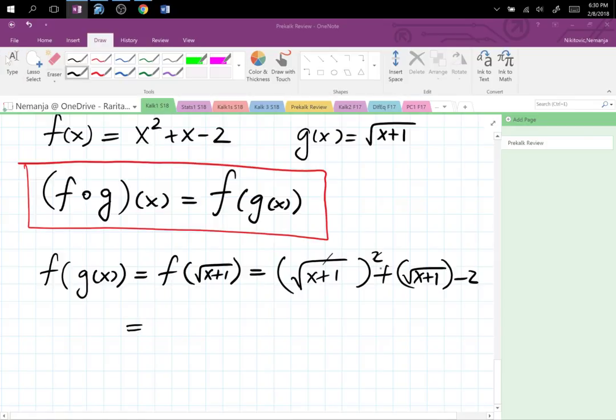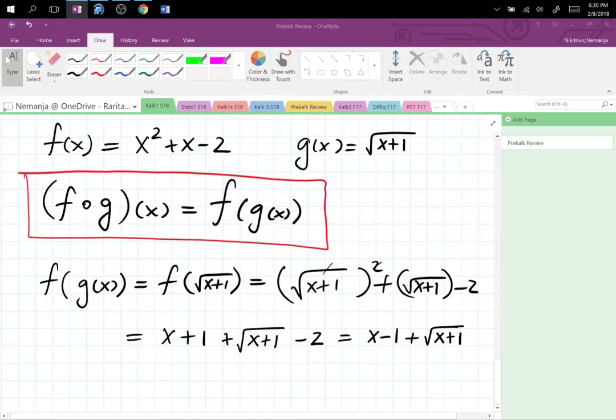Square root is going to be killed by a square, giving you x plus 1 plus square root of x plus 1 minus 2, and everything together works out as x minus 1 plus square root of x plus 1.